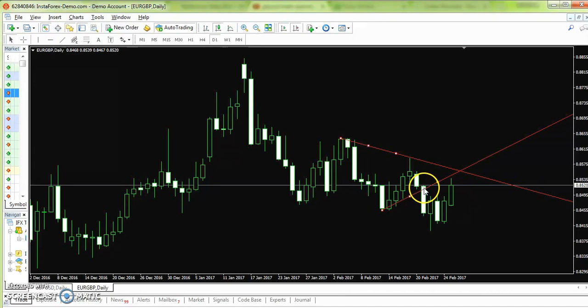Whenever it breaks, as you can see at this point it breaks, originally I was on the sell when this trend line has broken, and my stop loss is obviously the previous swing high, at this point.